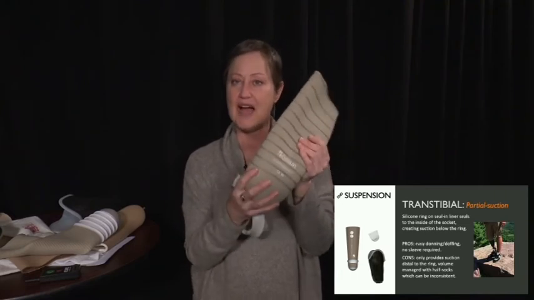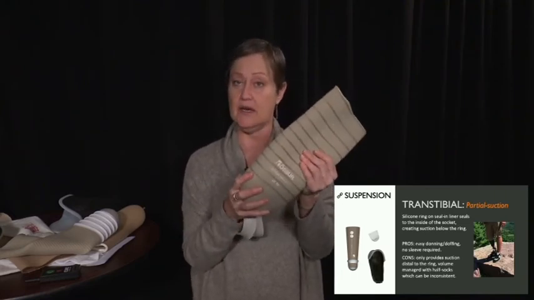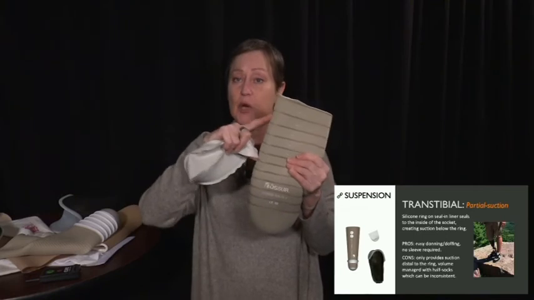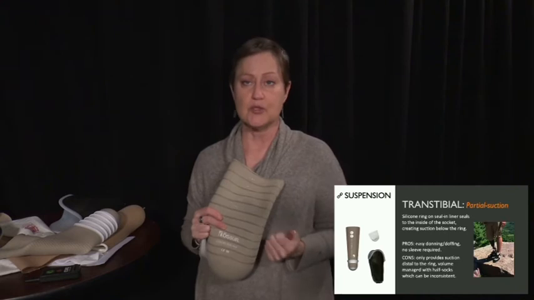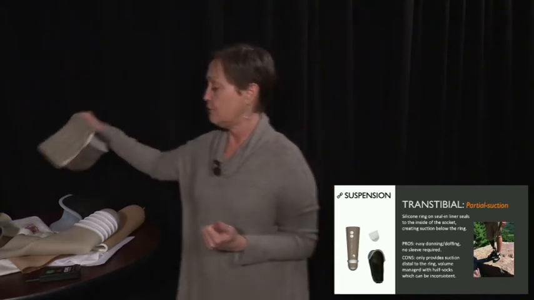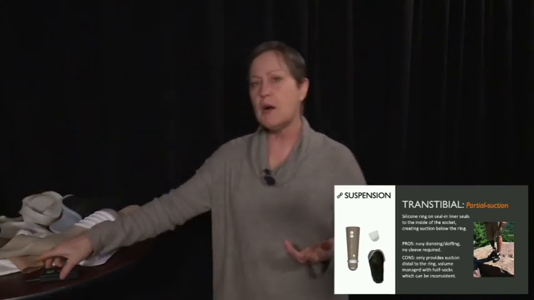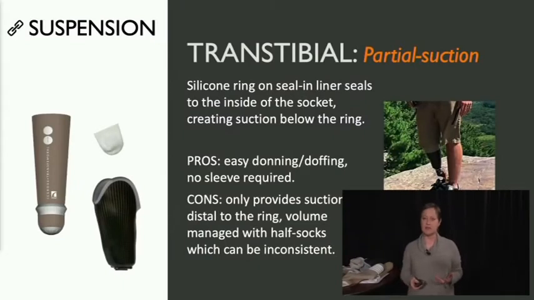So you can have half socks that go distal to the ring, or half socks that go proximal if they're getting a lot of motion proximal to the point of suction. So there are a couple of things that make it tricky. I know I'm beating this to death, but definitely talk to your local practitioners about when they would use what and why, especially if you have a particular patient in mind.